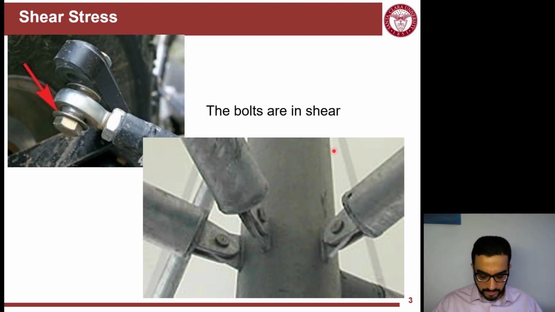In the top, this bolt is resisting the shear action, and we'll see that in detail. These pins are also resisting shear action. But there are two different types of shear actions, so we'll learn now about single shear and double shear.